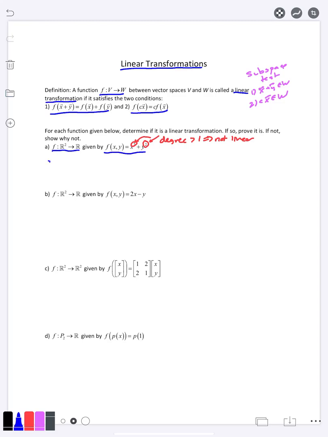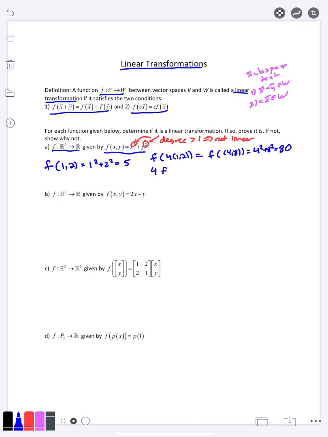So here's one example. If I plug in (1, 2) to this, I'd get 1 squared plus 2 squared, which is 5. And if I plug in a multiple of those, let's say 4 times (1, 2), that would be f of the vector (4, 8). And if you do this, you get 4 squared plus 8 squared, which is 16 plus 64, giving me 80.